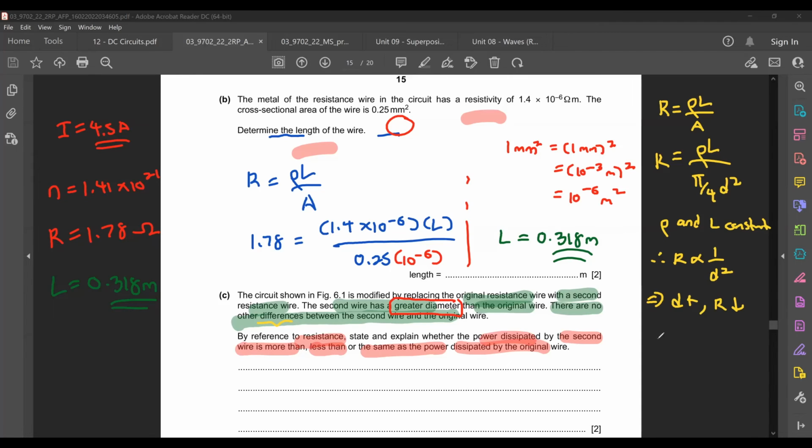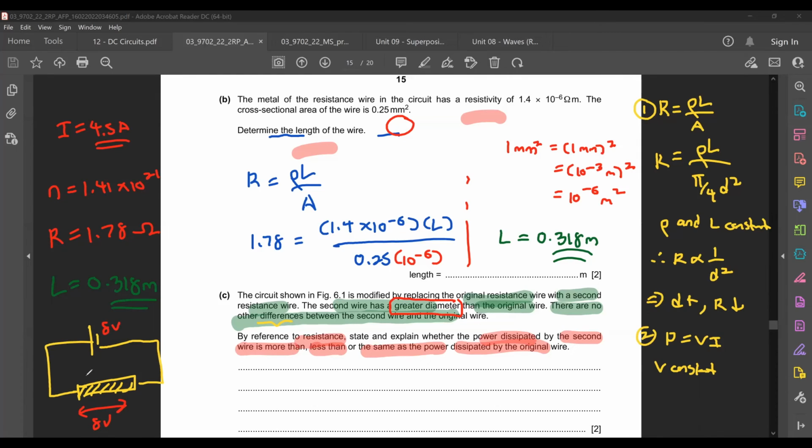Okay, then after that, we know one thing, power is VI. V remains constant here because remember just now the way that the diagram was drawn, there are no internal resistances. Your resistance wire is just this. So if let's just say you have an EMF of 8 volts, this one will always be 8 volts.